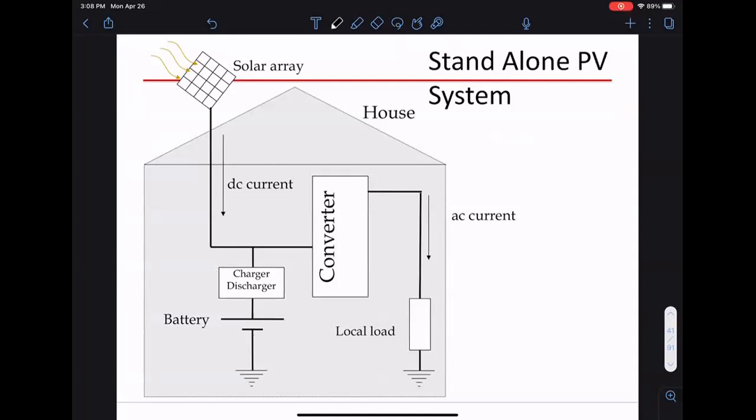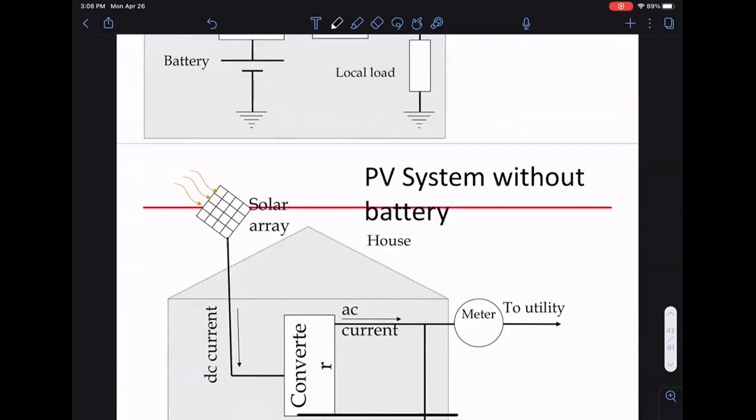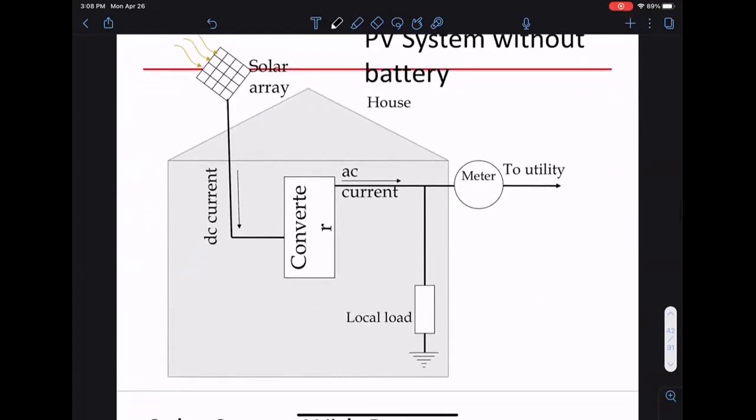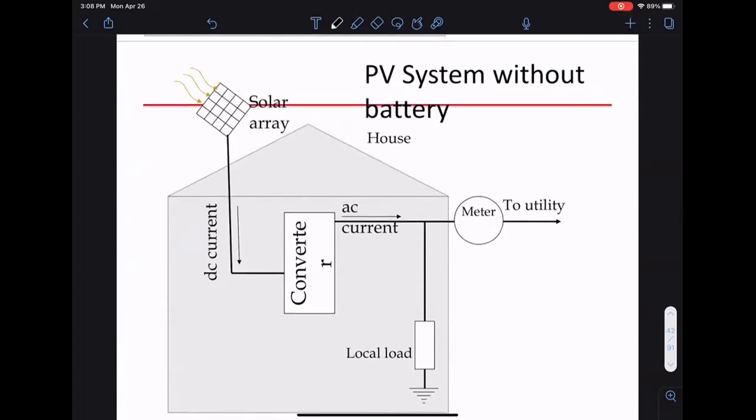So when you put solar in your home, you can charge your battery directly, without conversion. But for the rest of the load, you do need some conversion to use your solar. If you don't have a battery but you connect to the utility, then you have a meter that's connected to the utility.